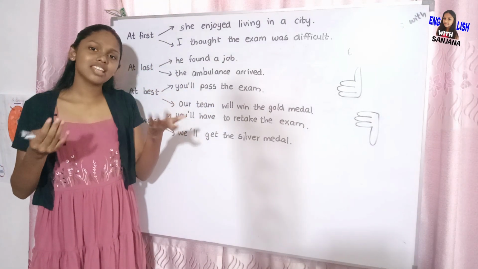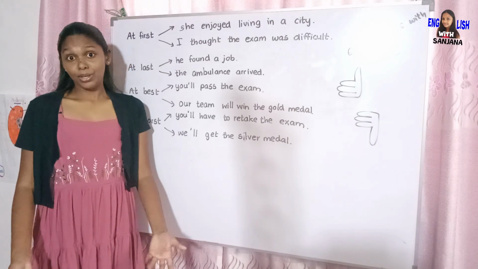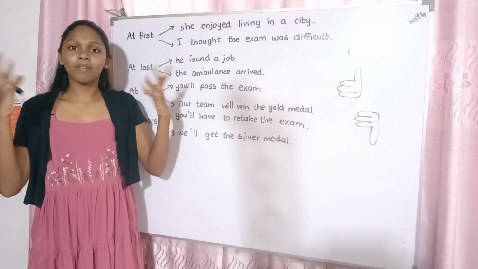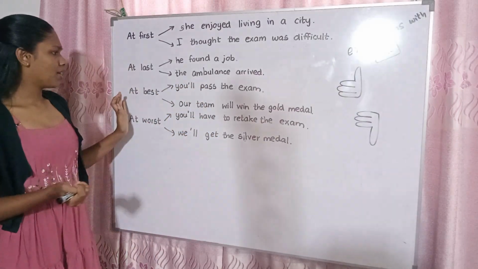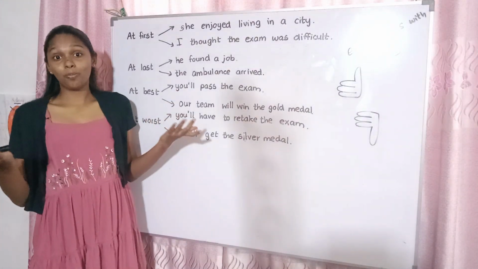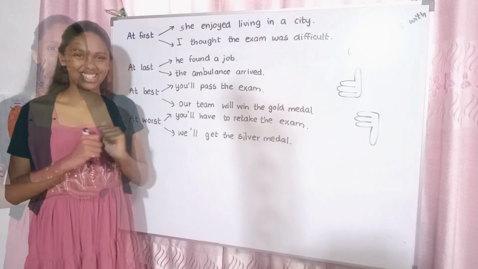And someone says, at best, you will pass the exam. Let's just have a positive mindset. And also another example is, at best, our team will win the gold medal. Let's just have a positive mindset rather than a negative mindset.